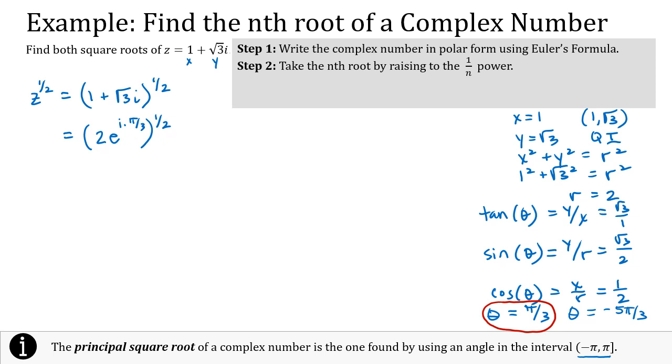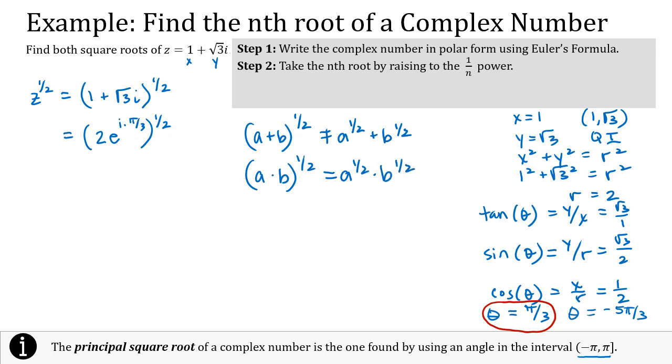Now, here's what you may or may not remember about raising things to powers. If you have, let's say, a plus b, and you try to raise that to the 1/2 power, that does not equal a to the 1/2 plus b to the 1/2. However, if you have a times b to the 1/2 power, and that will equal a to the 1/2 power times b to the 1/2 power. So you can distribute the exponent in multiplication. You can't with addition. One more thing that you can do, let's just point this out.